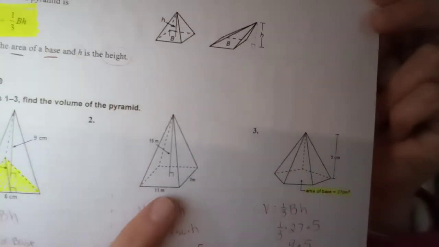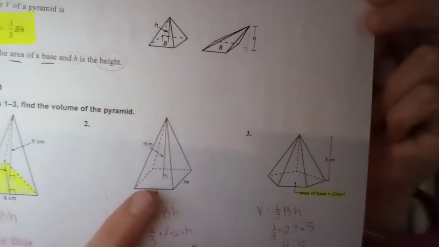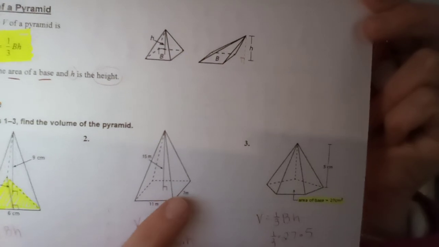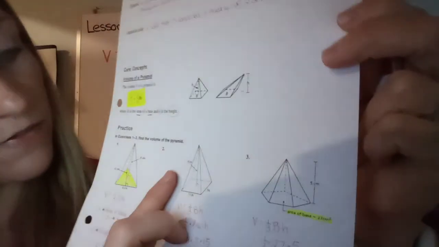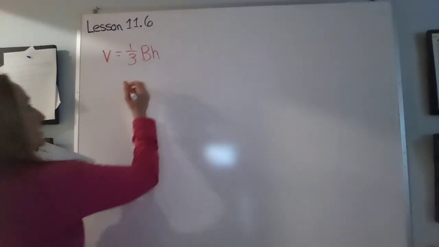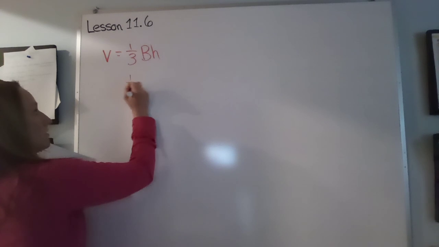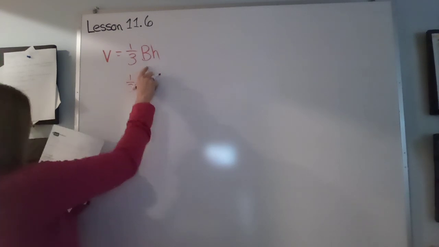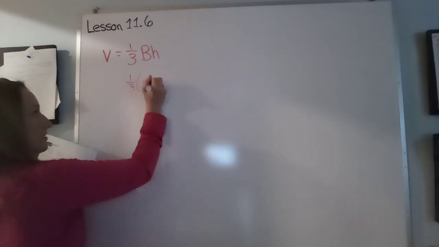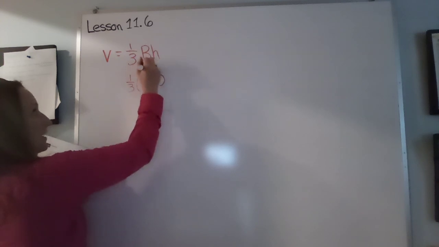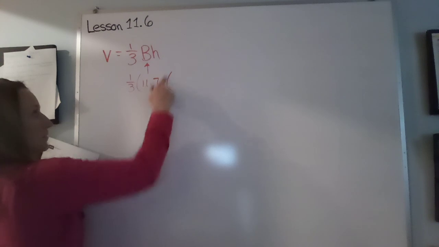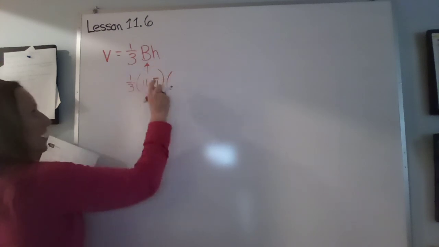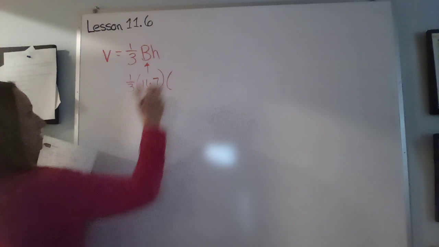You find the area of the base by multiplying 11 times 7, so that's for B. And then the height of the pyramid is 15.